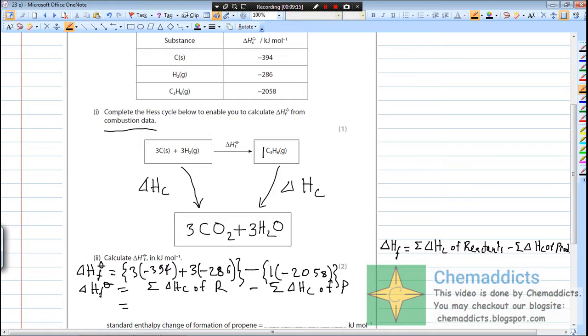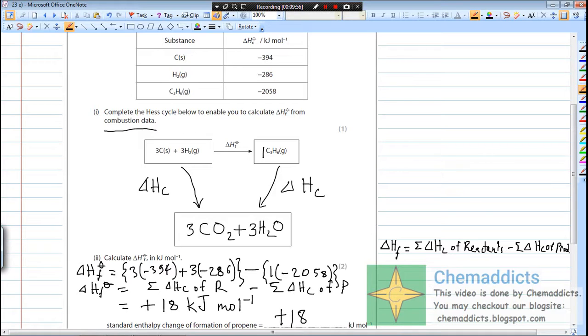This is the general formula for finding the formation enthalpy if the data given are all combustion enthalpy. If you work this out, you will get plus 18 kilojoule per mole.